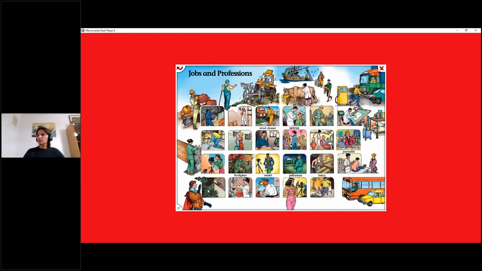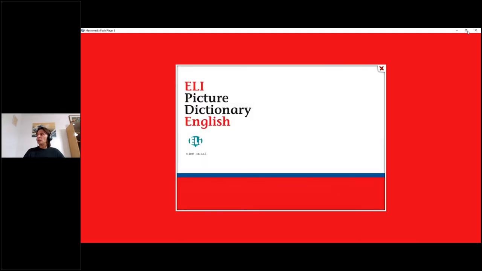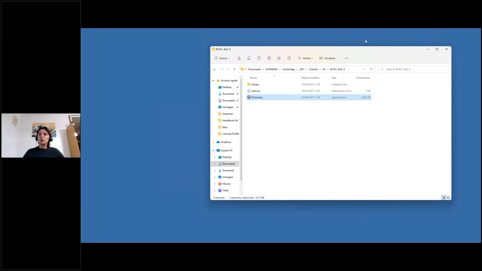Firefighter. Actor. Mechanic. Plumber. Doctor. Director. Dentist. Nurse. Engineer. Hairdresser. Tourist guide. Office worker. So you have this little picture book that you can use.